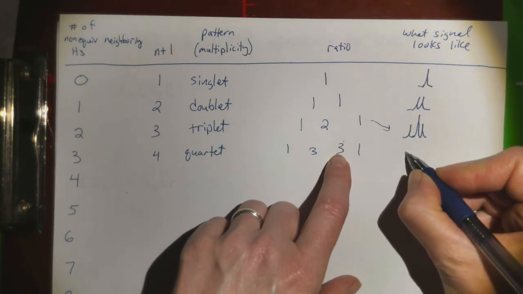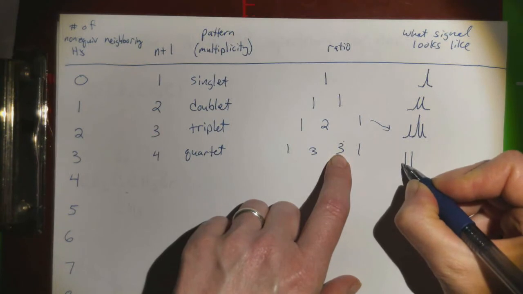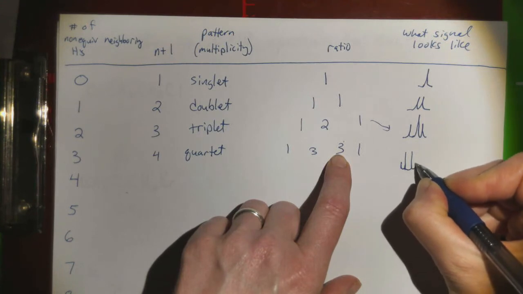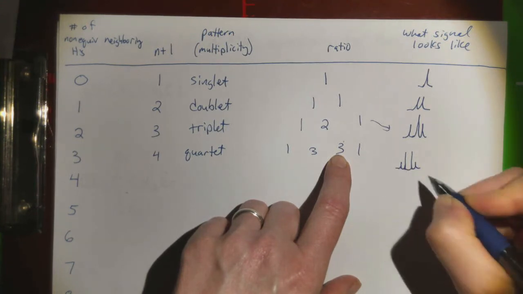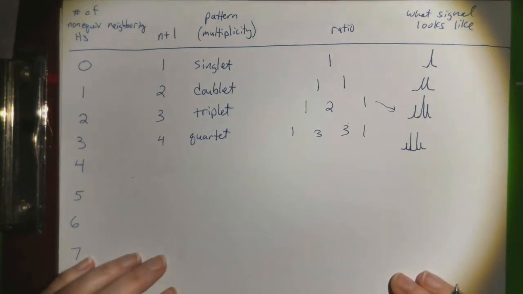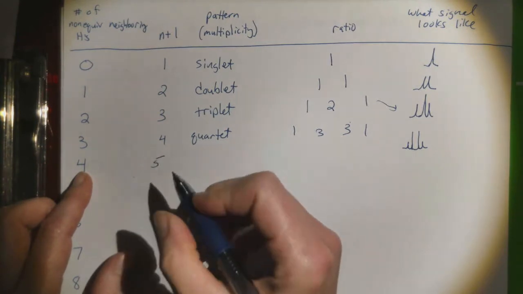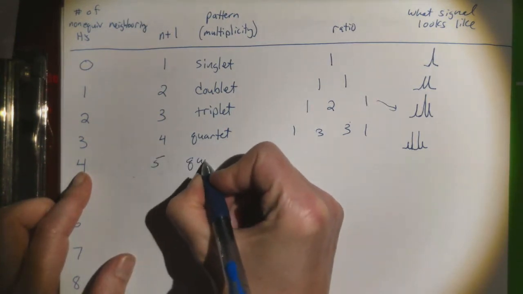So if this is 3 tall, and then it's going to be just 1. So it's a ratio of 1 to 3 to 3 to 1 in terms of the height of those lines. Okay, 4 plus 1 is 5, so that is a quintet.